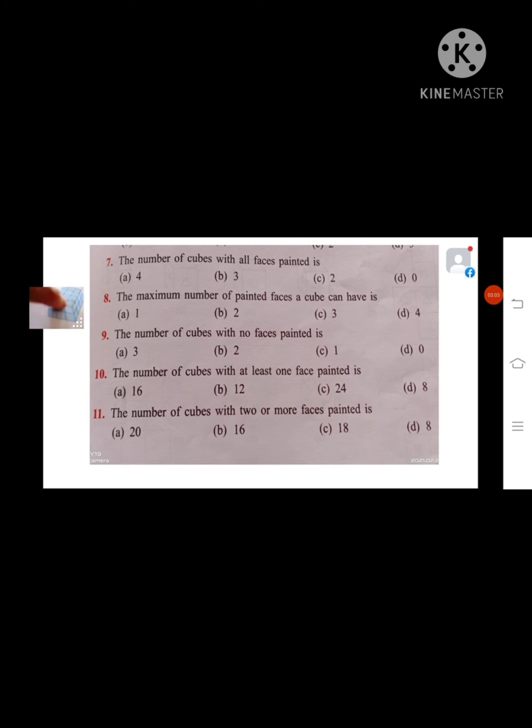So 1, 2, 3, 4, 5, 6, 7, 8, 9, 10. So on one side 10 and on the next side 10, means total 20. Number of cubes with 2 or more faces painted, answer will be 20. I hope you all have understood this and you are getting all the answers.